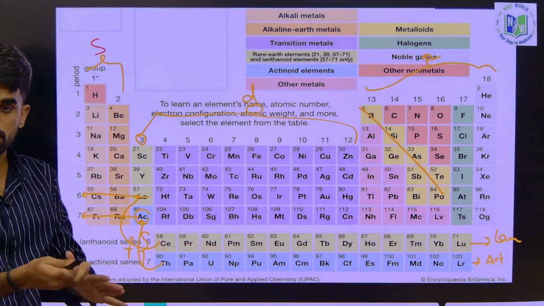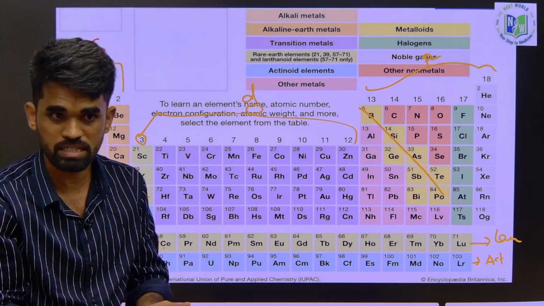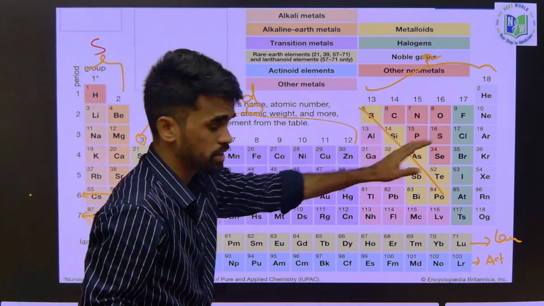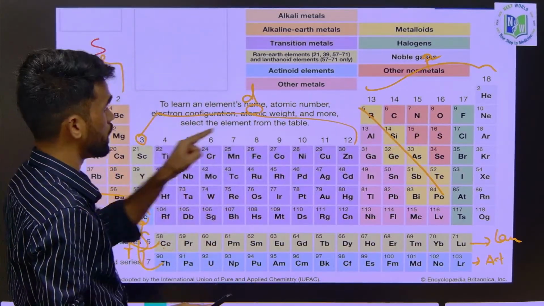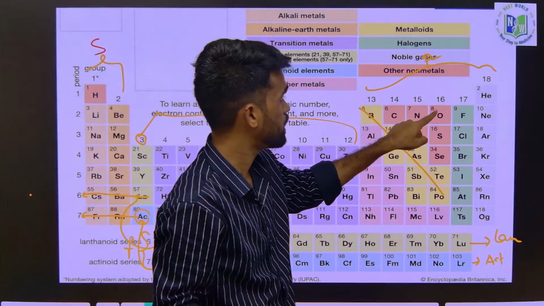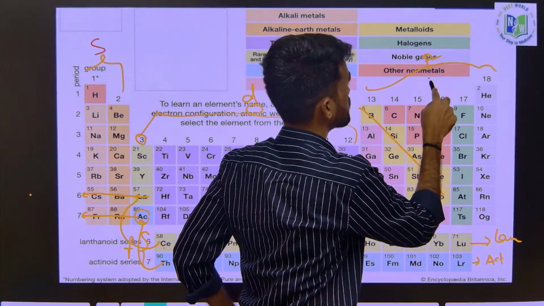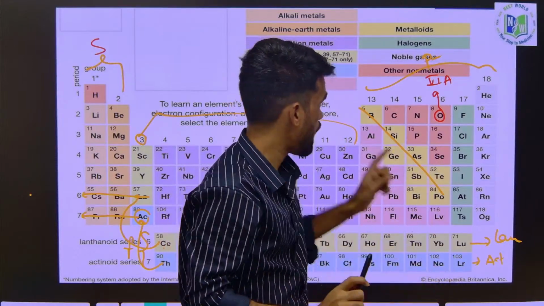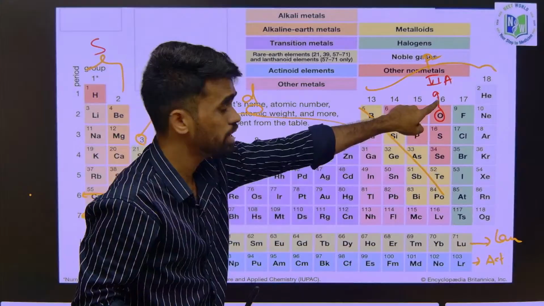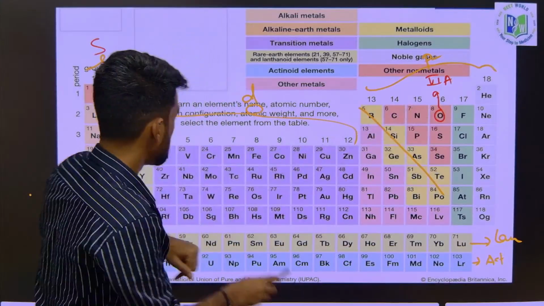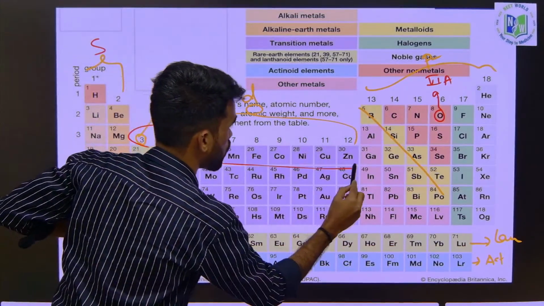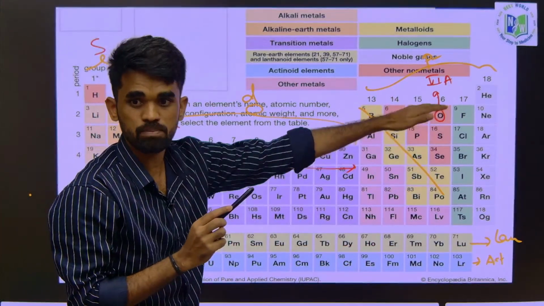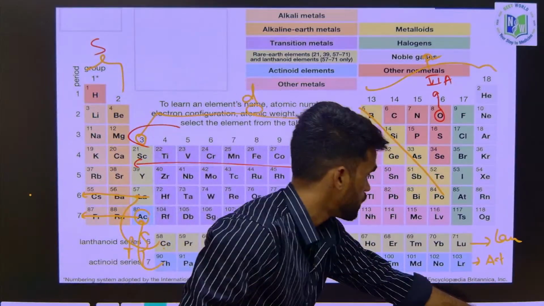If we consider Moseley's or Mendeleev's periodic table, they mention these as A and these as B, like 1A, 2A, 3A, 4A, 5A, 6A. For oxygen we are getting 6A, that is fine, but as per IUPAC it should be 16. Why 16? In between we have 10 d block elements. So you are just adding that number there, 6 plus 10, that's it. Okay?